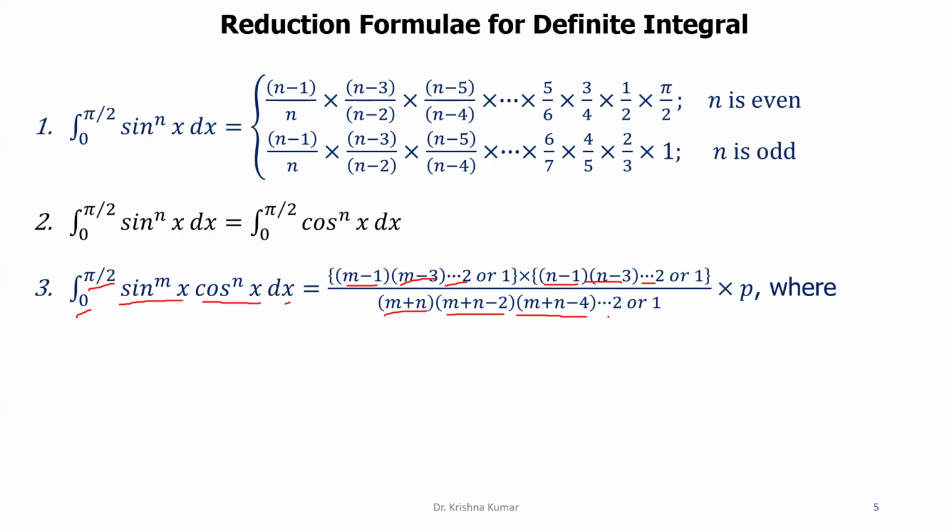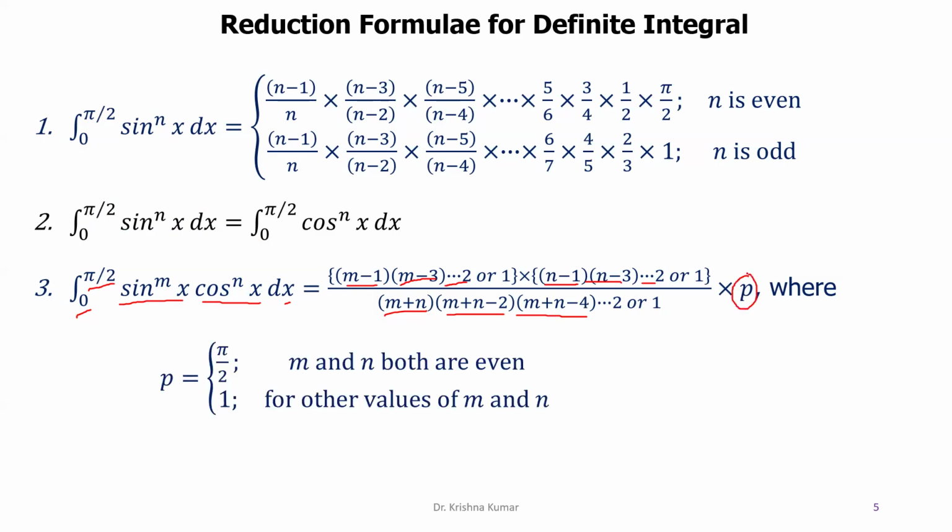It again gives us either 2 or 1 depending upon the value of the sum m plus n, which is multiplied by p, where p is equal to pi by 2 if m and n both are even, and its value is 1 for other values of m and n.